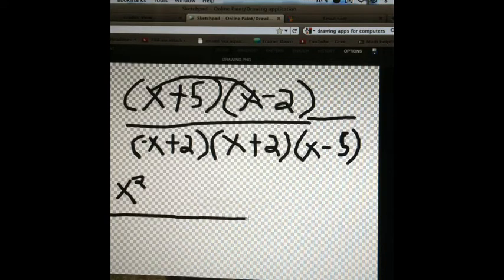Next we're going to do negative 2, x times negative 2, so we're going to get negative 2x. Okay, and then 5 times x, so we're going to get plus 5x.